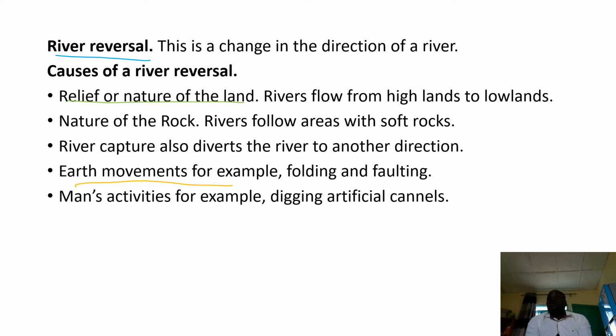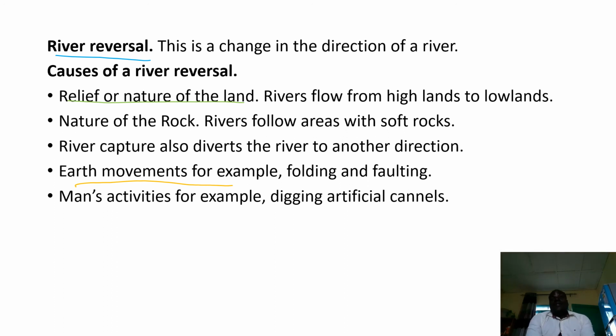Before the formation of a fault valley, a river might be flowing to the south or to the north. But if a fault valley is formed and guides the river away from its former direction, therefore this river is supposed to follow the direction of the fault valley.